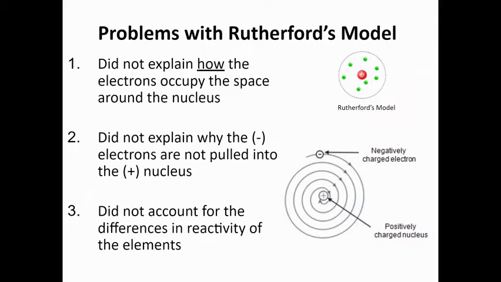And it didn't account for the differences in reactivity of the elements. So if the electrons are responsible for the bonding and reactions that occur between atoms, how could you account for the fact that these randomly placed electrons were acting very differently in different types of elements?